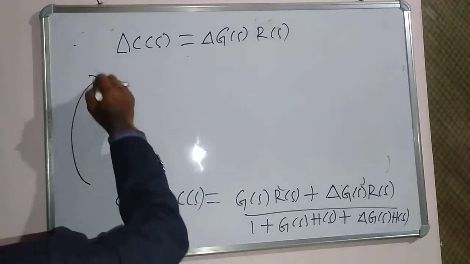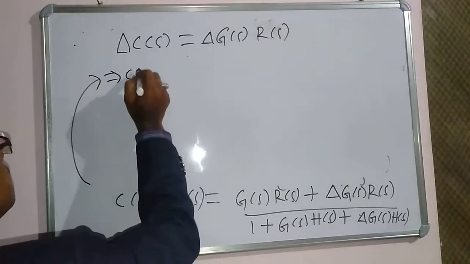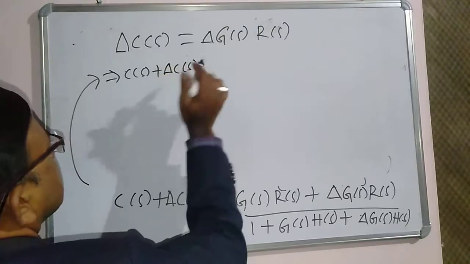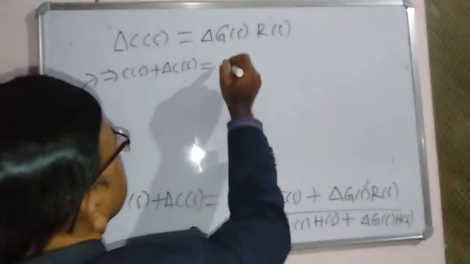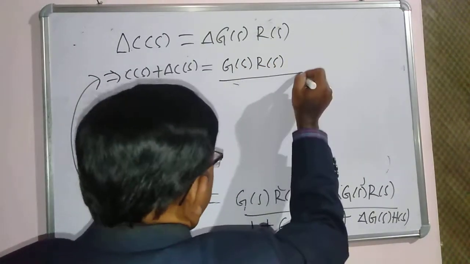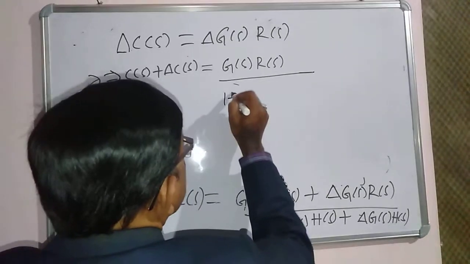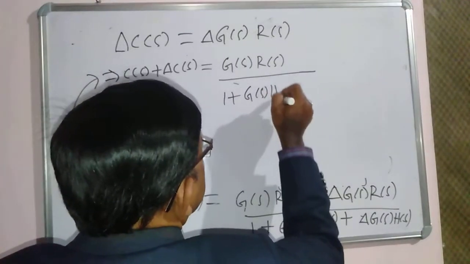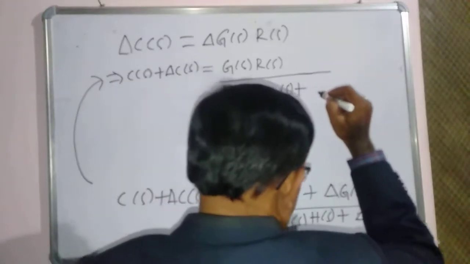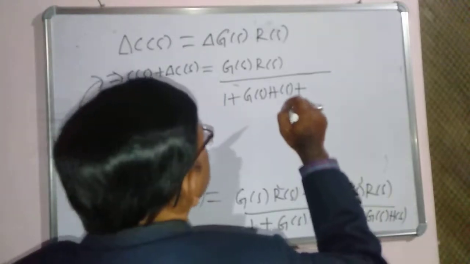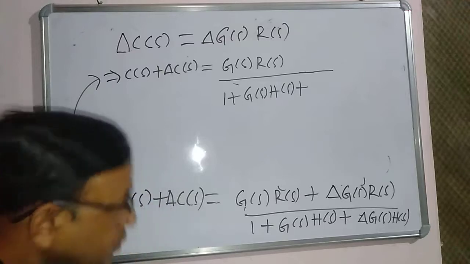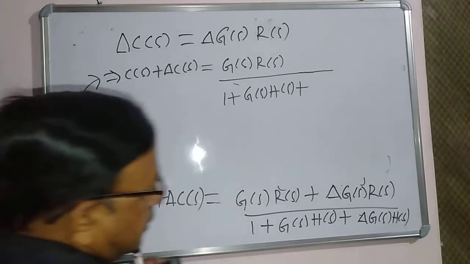This implies that C of S plus del C of S is equal to G of S into R of S divided by 1 plus G of S H of S plus, so first we have to neglect this term.